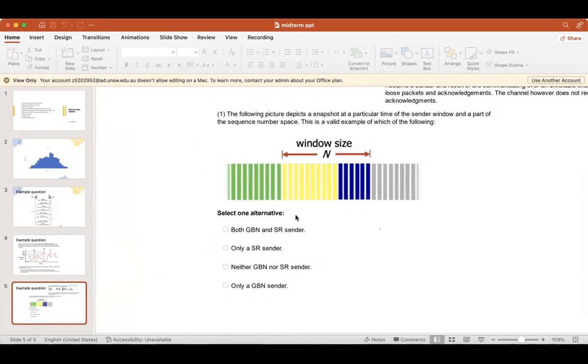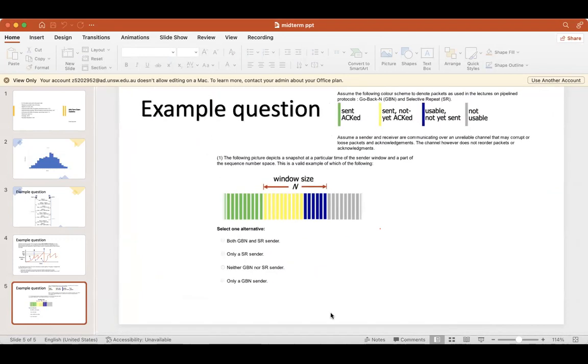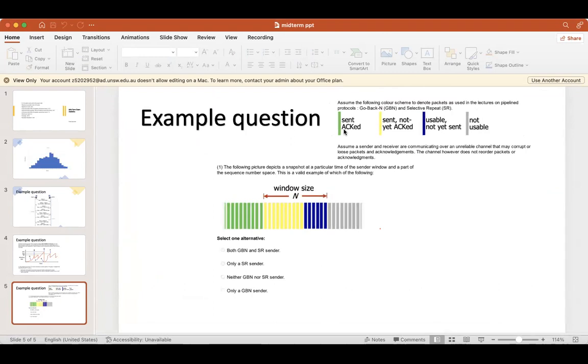So with this image, is it Go-Back-N or selective repeat? And you need to know what the color means.